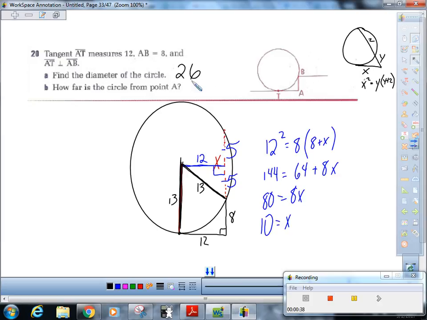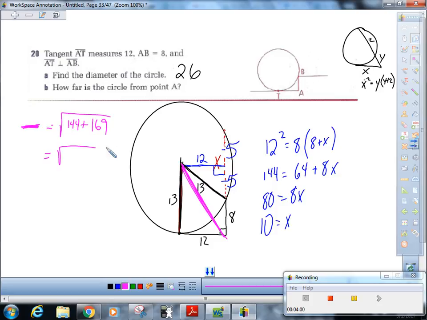So now they want to know how far is the circle from point A. Hopefully you guys understand. What I really want to find is the length of that pink segment, right? And then I can just take that pink segment and subtract out 13. So the pink line is the square root of 144 plus 169.